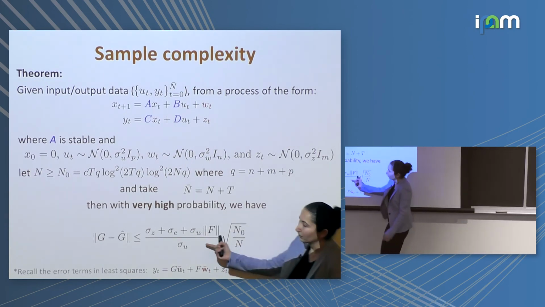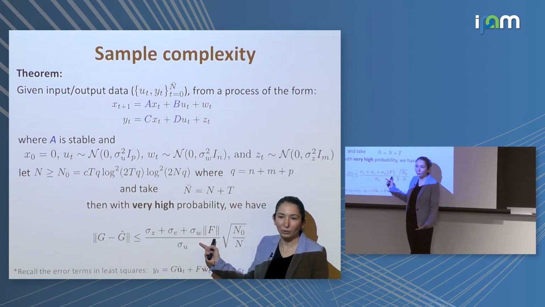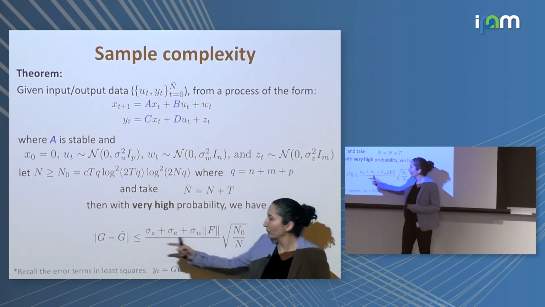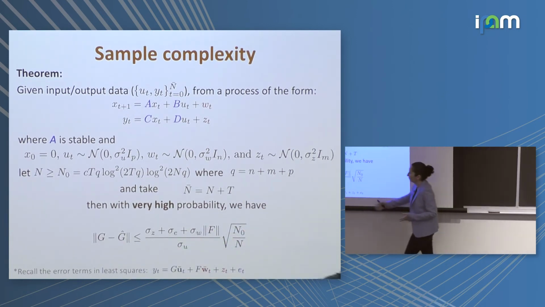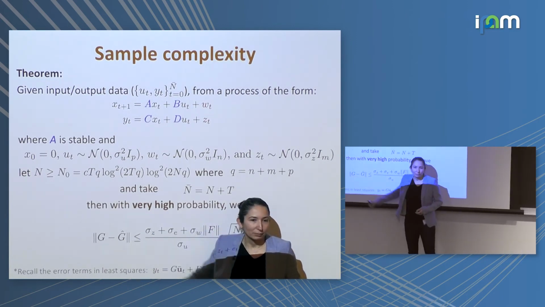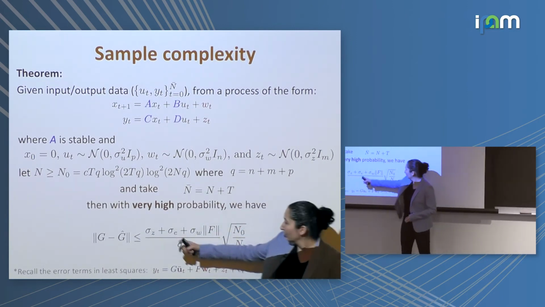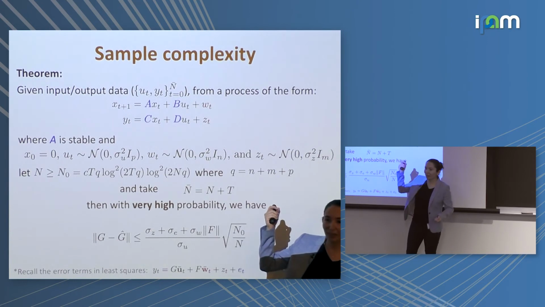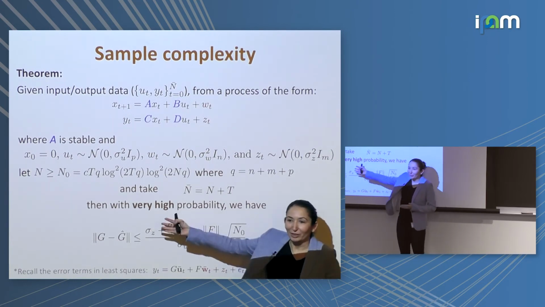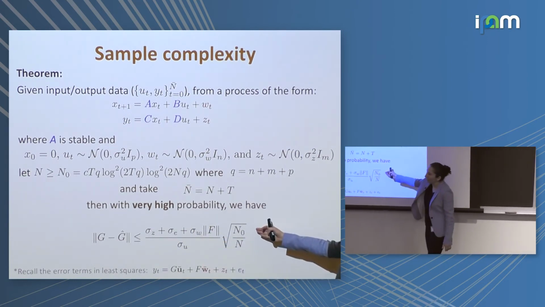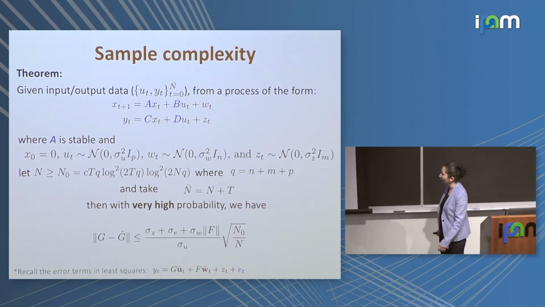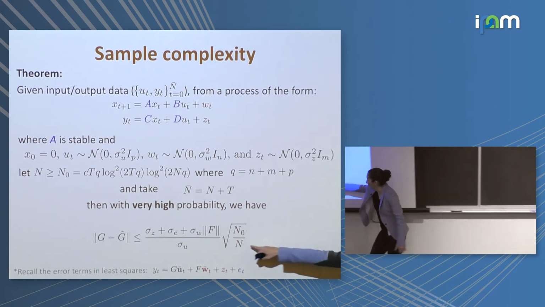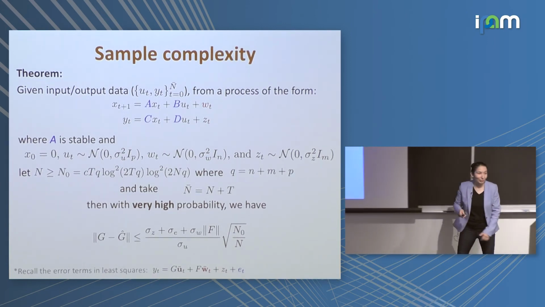And this is your input. So if you have large variance of the input, your signal-to-noise ratio increases, so your estimation error decreases. If your noise terms increase, your estimation gets worse. And as your number of samples increases, your estimation gets better.